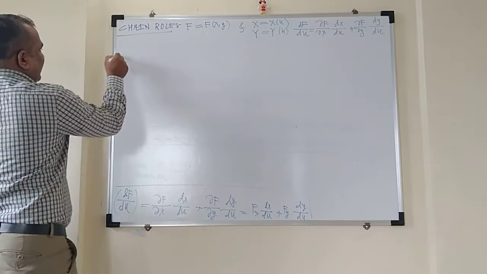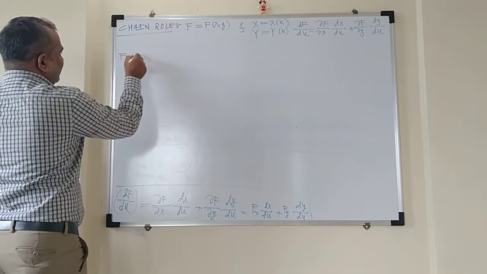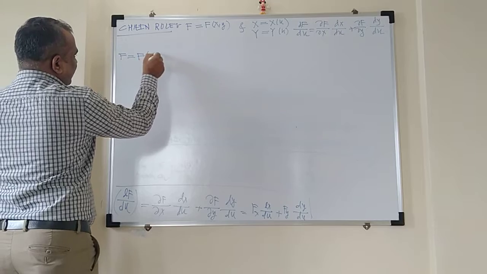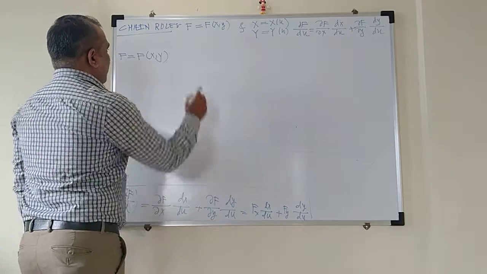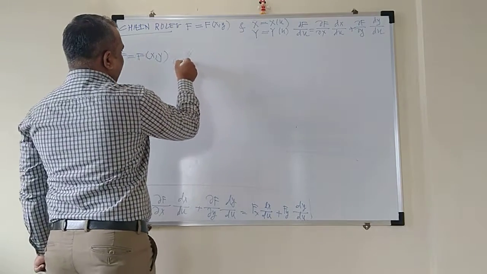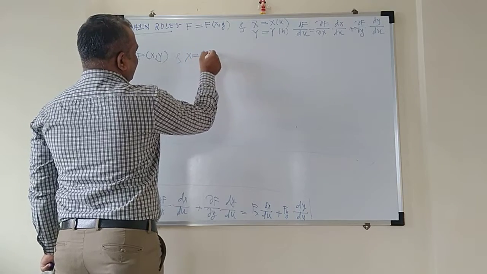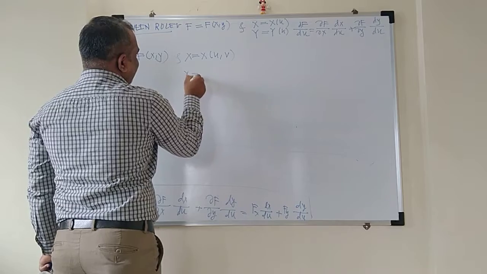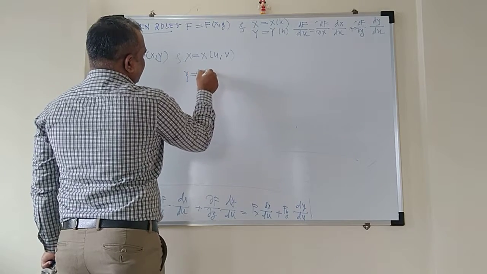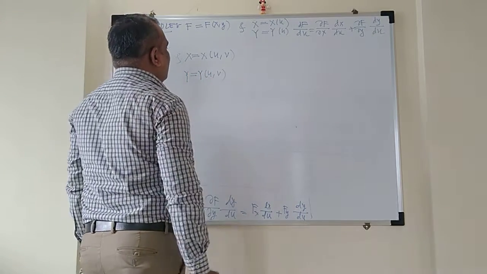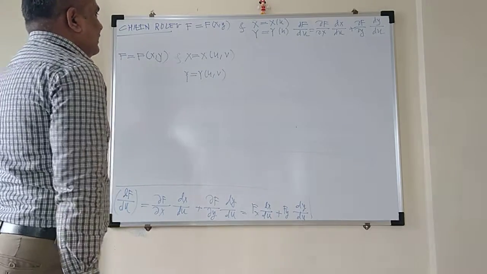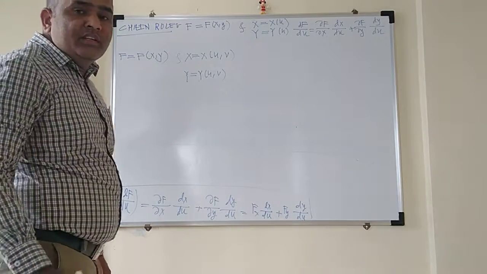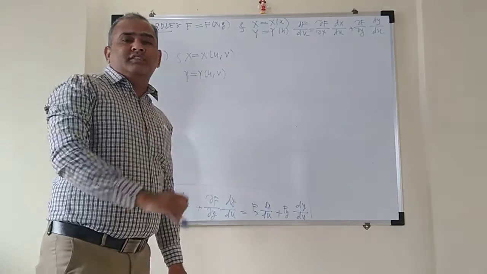Similarly, in the second case, if f is a function of two independent variables x and y, and x is a function of two independent variables u and v, and y is also a function of two independent variables u and v, then you will get two formulas by the chain rule.